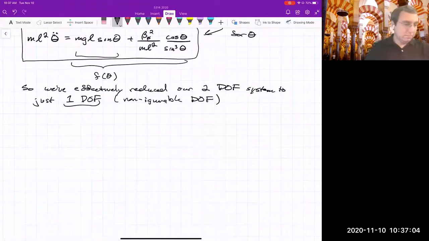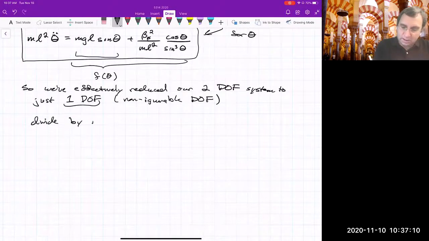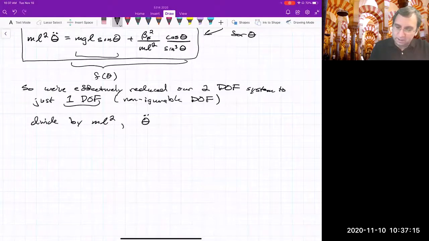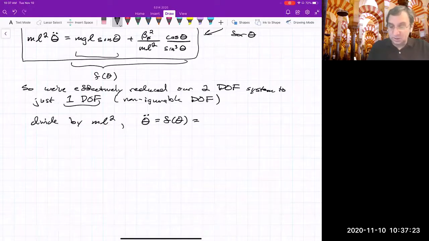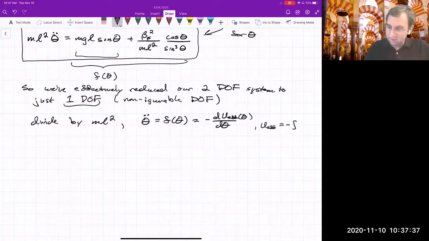We could take this even further, right? If we divide by ml squared, then we get something that looks like theta double dot is some function of theta. And because it's just a function of theta, we could write that as the negative derivative of an effective potential, where hopefully it's clear by now, an effective potential is the negative of the integral of that right-hand side.